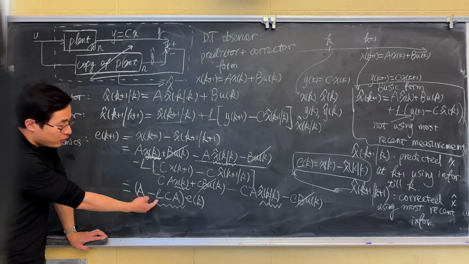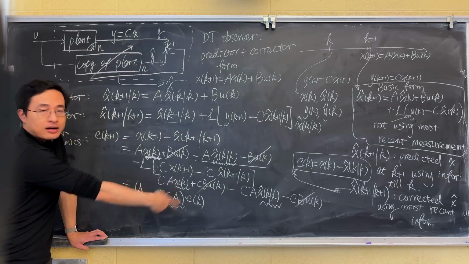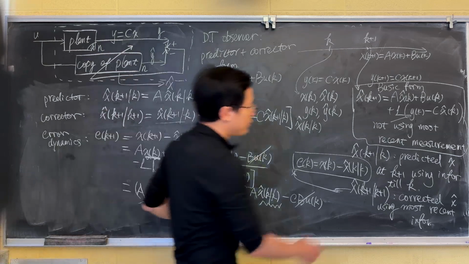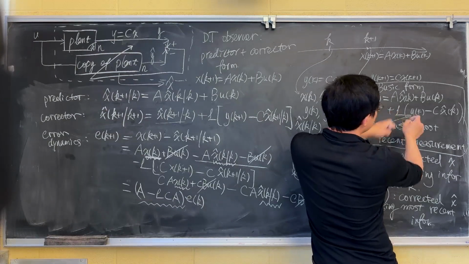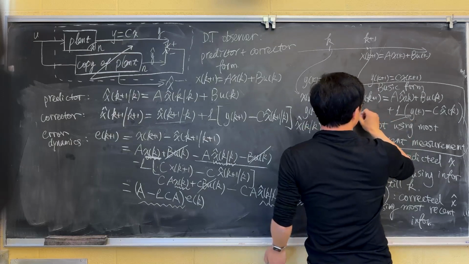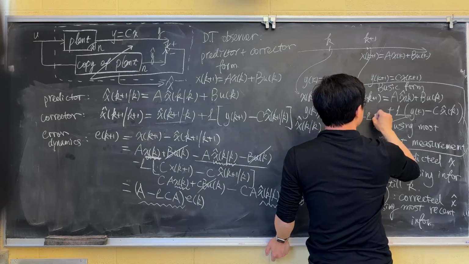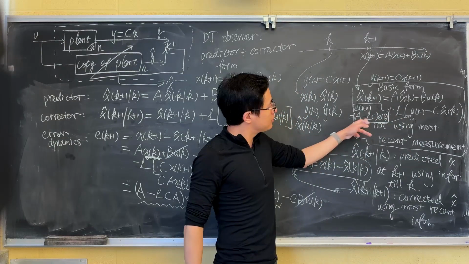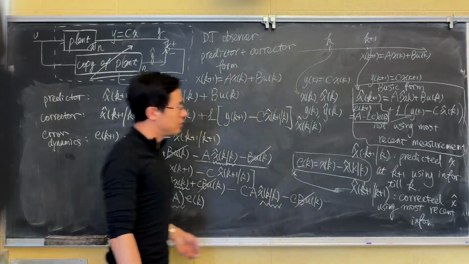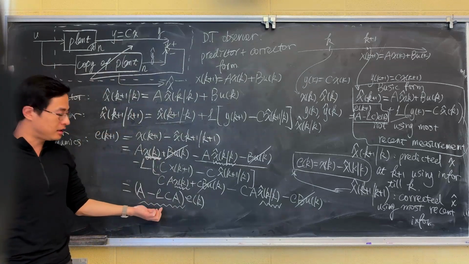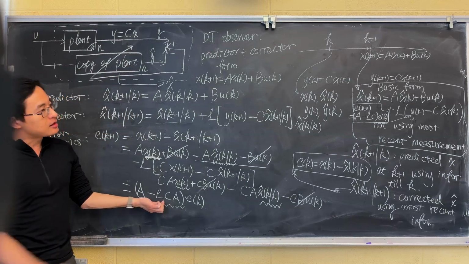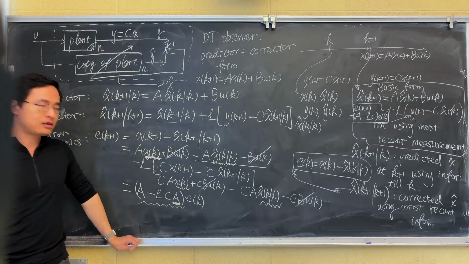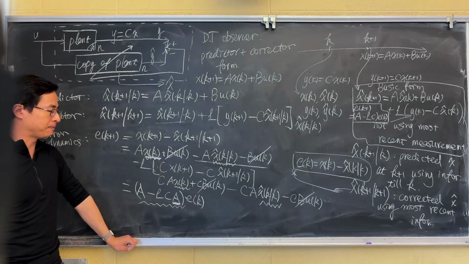The result is that the error dynamics is governed by this matrix, A minus L times C A. And then we should design L such that the eigenvalues of this matrix are all stable. So that's the design here. Remember, what was the design for L over here? The design of L over here is to place the eigenvalues of A minus L C to make them stable. You can see the difference now, right? There is an extra A in this predictor-corrector form of the observer design.